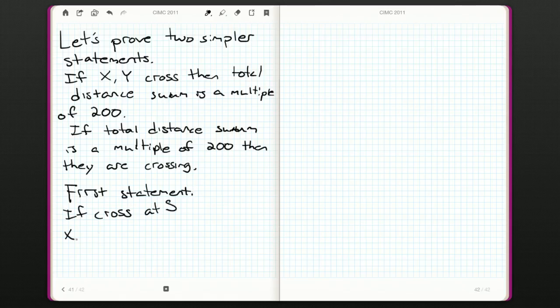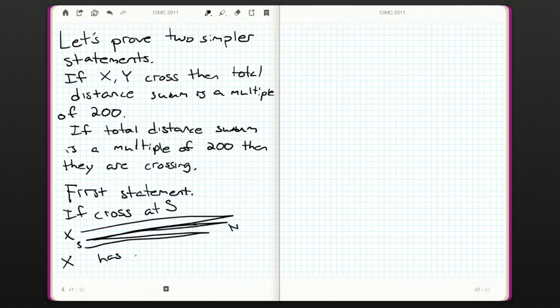So if they cross at S, well, X looks like he's gone back and forth and back and forth and back and forth from S to N. X has swum a total distance, we'll call it 200 times x.